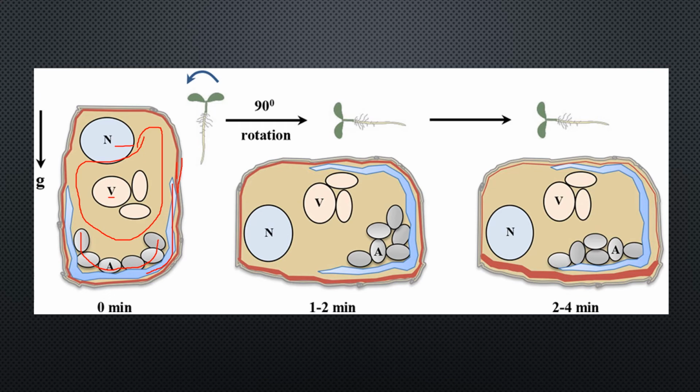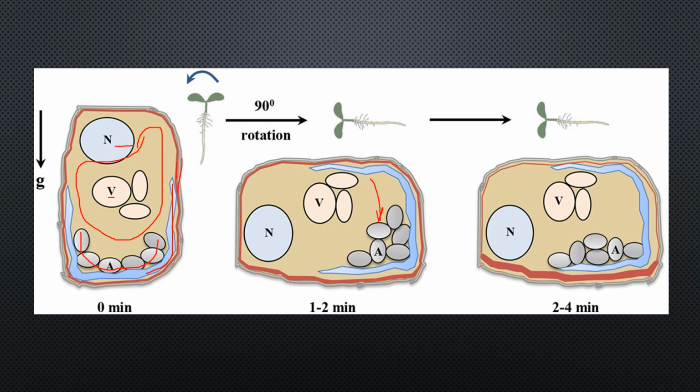Okay, so pretty quickly, the amyloplasts begin to fall in the direction of gravity as soon as we turn the plant 90 degrees. So even though it says on this image 1 to 2 minutes, keep in mind that those amyloplasts start to fall as soon as that plant hits 90 degrees, and that causes a lot of different things to happen. But this is our perception site.